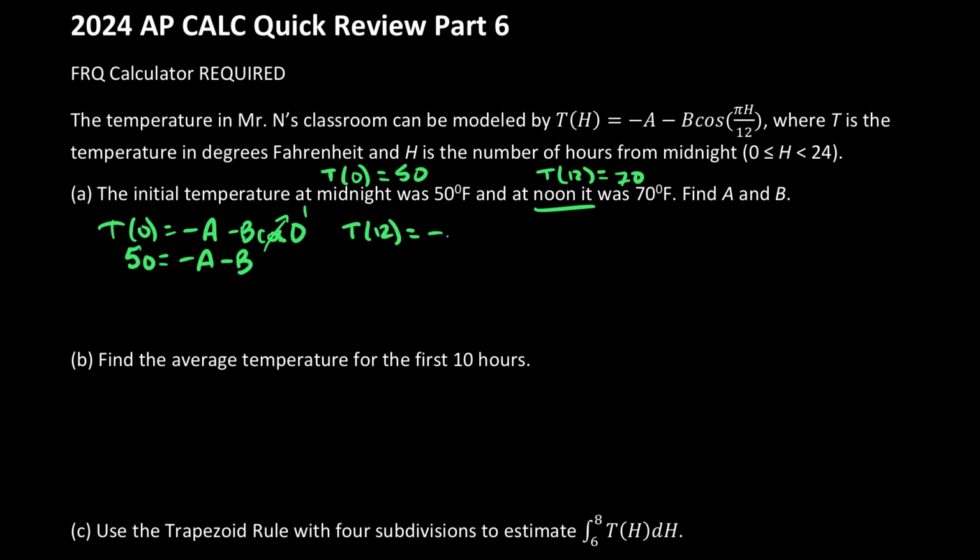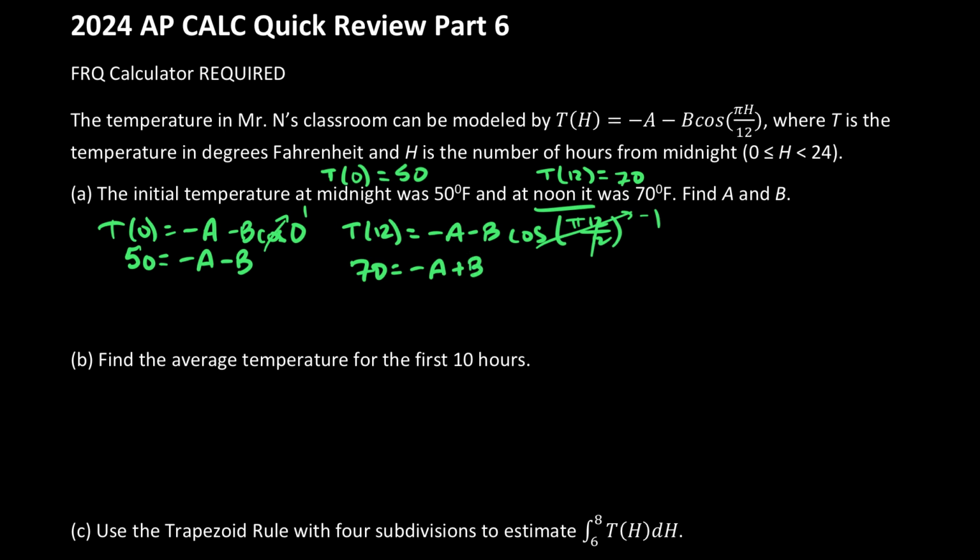This would be negative A minus B cosine of pi times 12 over 12, so the cosine of pi. Then this would yield 70 equals negative A minus, now the cosine of pi would be negative 1, so this would be plus B here.